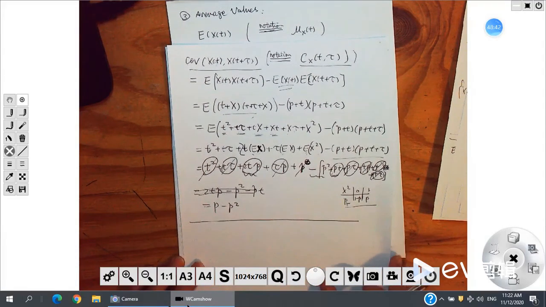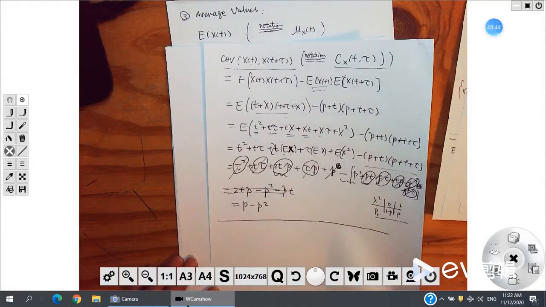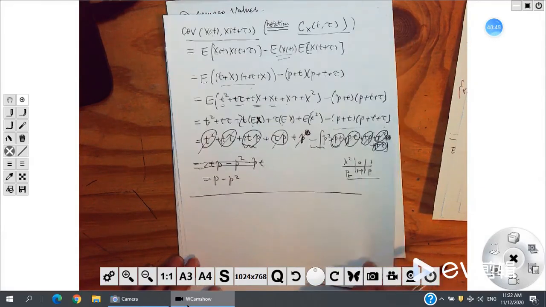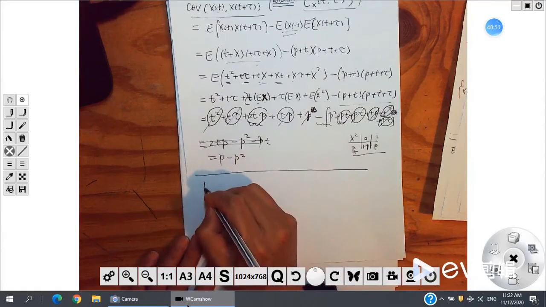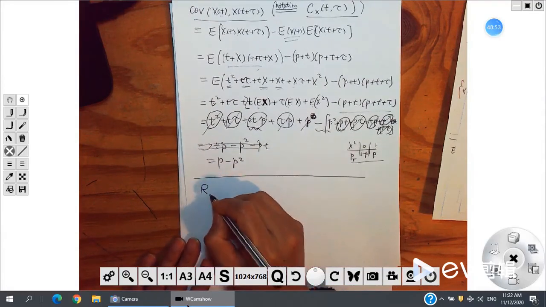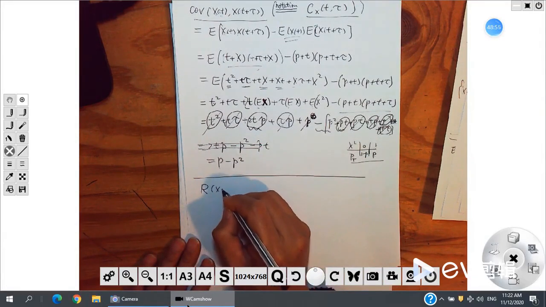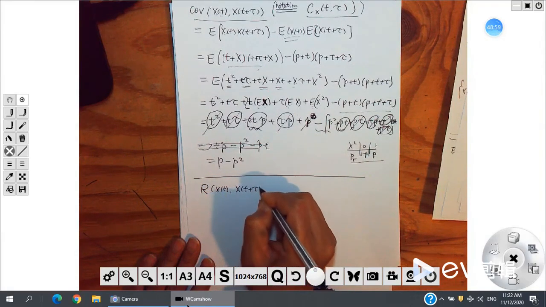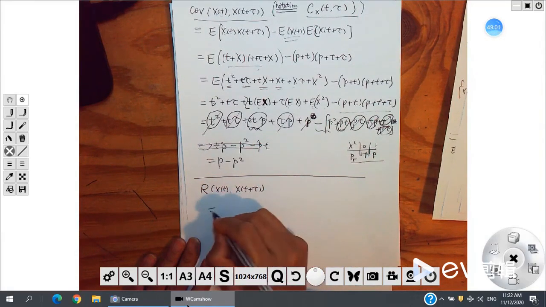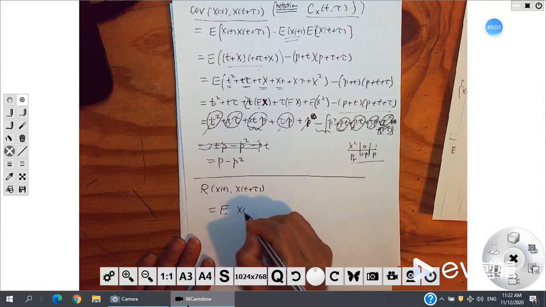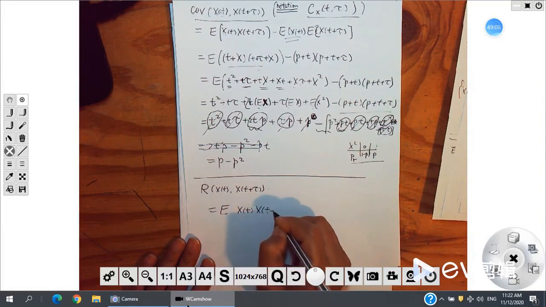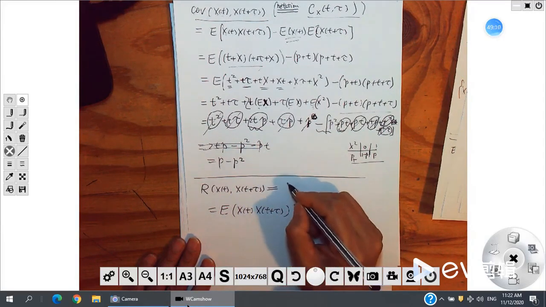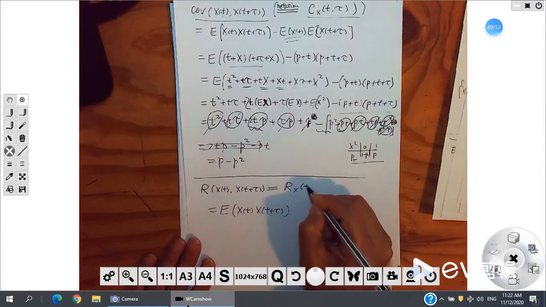Okay, what else do I want to get? Actually, we have another one, the correlation. The correlation R of X at t and X at t plus tau is defined as the expectation value of X of t times X of t plus tau, and it is denoted as R_X of t and tau.